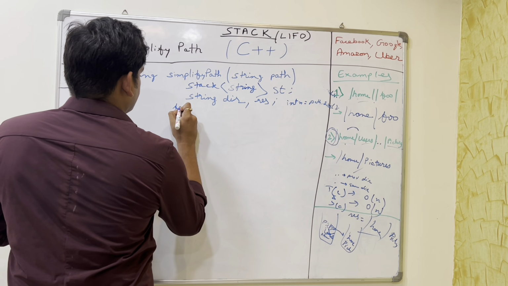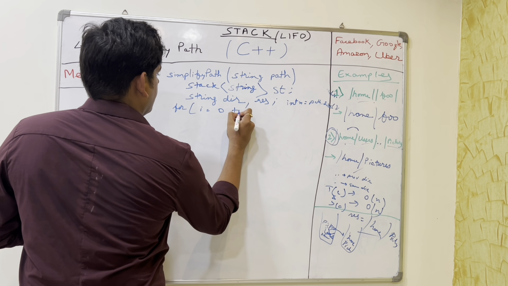So let's traverse the string for i equal to 0 to n.